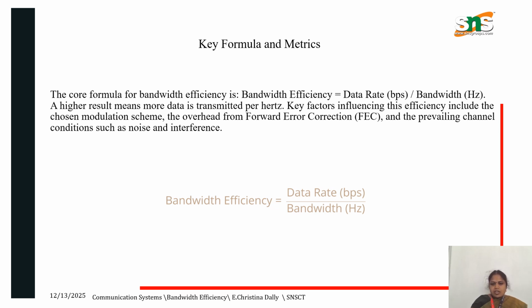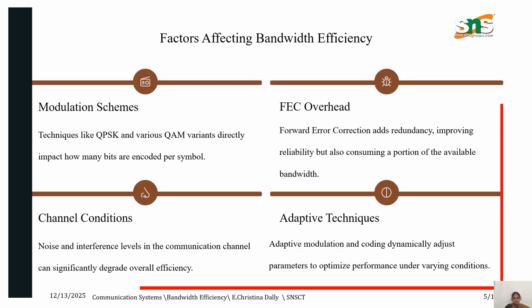Why do we go for forward error correction? In order to avoid the noise and the interference. So to calculate the efficiency, we have to check the data rate and the bandwidth. This is the formula to find the efficiency.